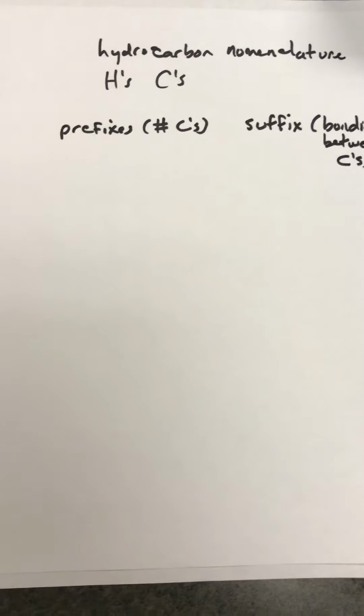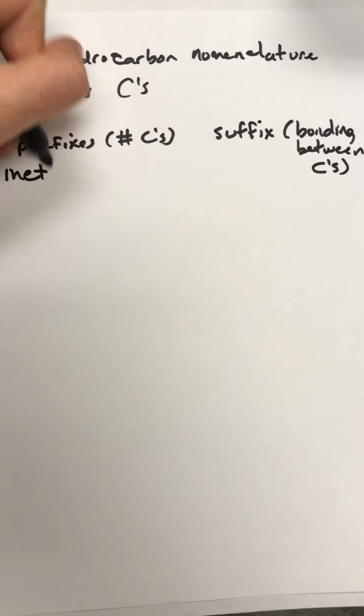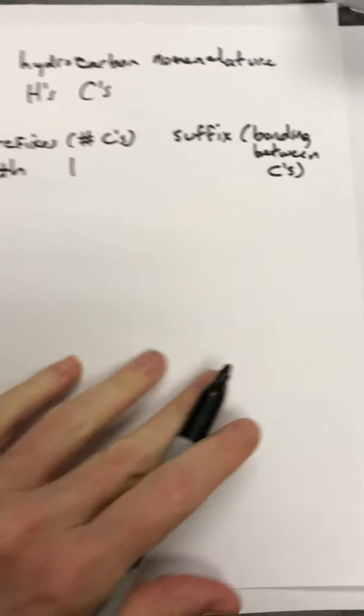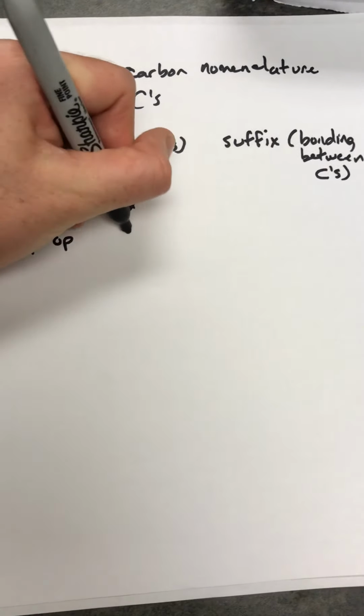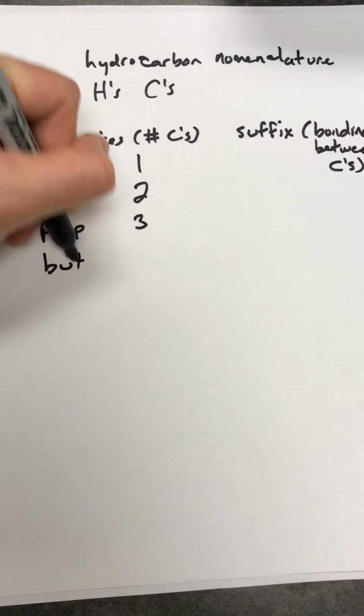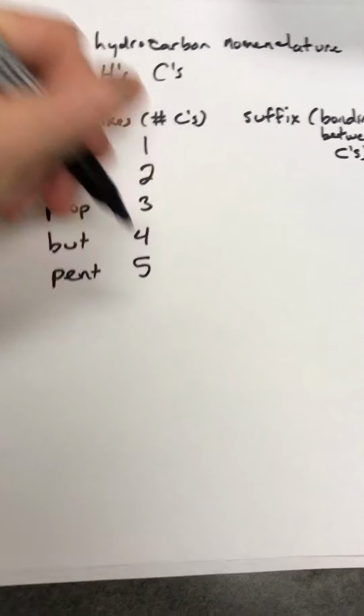Possible prefixes are as follows. Meth tells you there's one carbon. Eth tells you there's two carbons. Prop, there are three. But, there are four. Pent, 5.